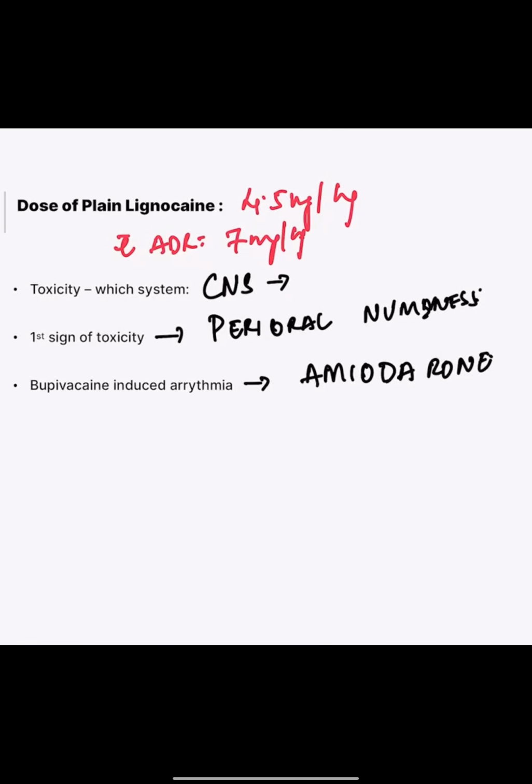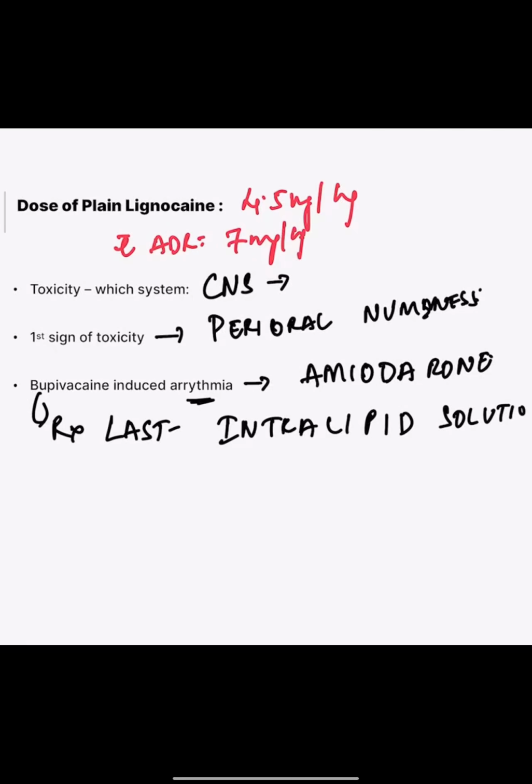Again, don't get confused: bupivacaine toxicity is treated with intralipid solution. I'm telling you, bupivacaine-induced arrhythmias are treated with amiodarone. But the treatment of choice for any local anesthetic systemic toxicity is intralipid solution. How much? 20%.